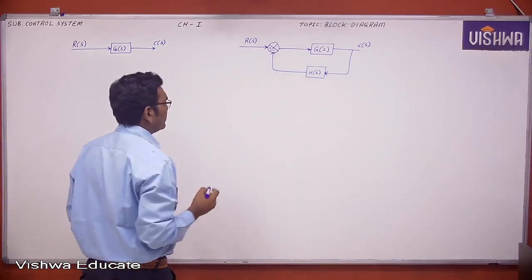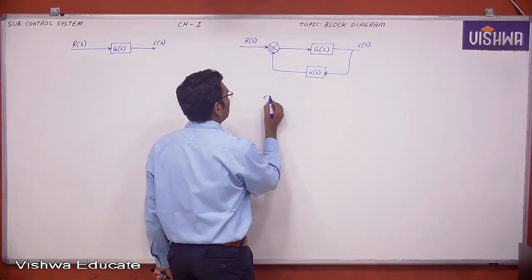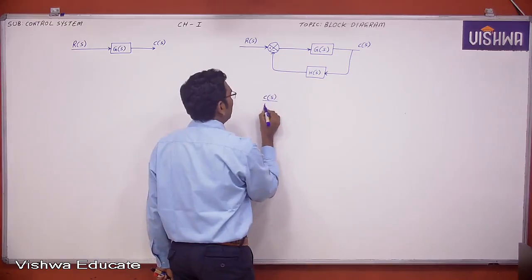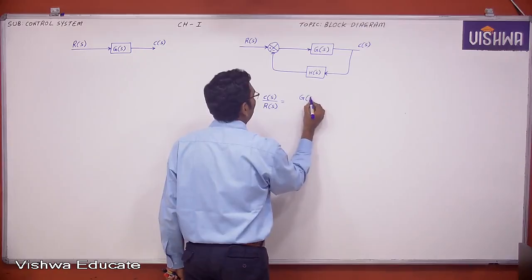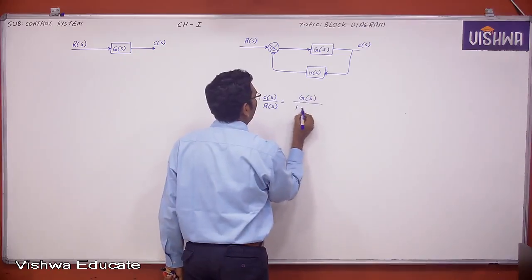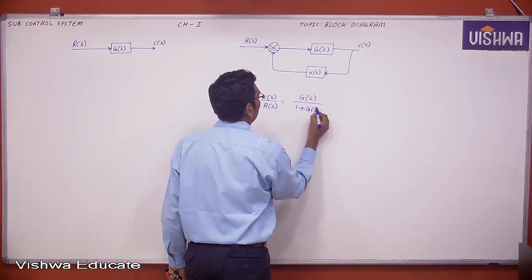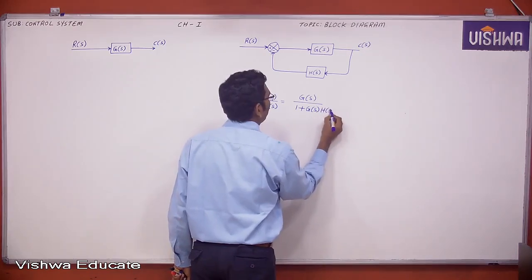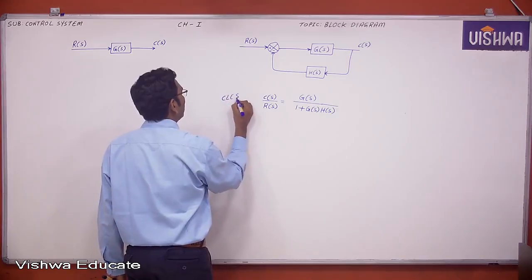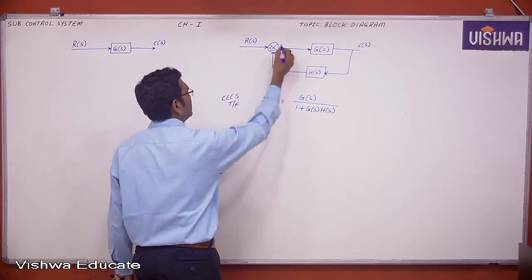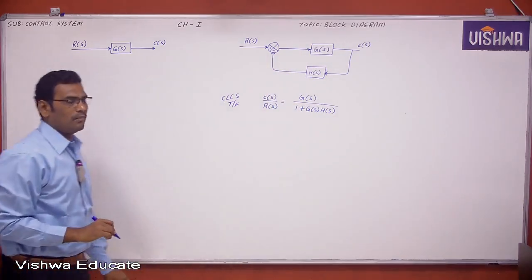Now what is the transfer function? C of S by R of S is equal to G of S by 1 plus G of S into H of S. Now this is the closed loop control system transfer function, and this is the closed loop control system block diagram.